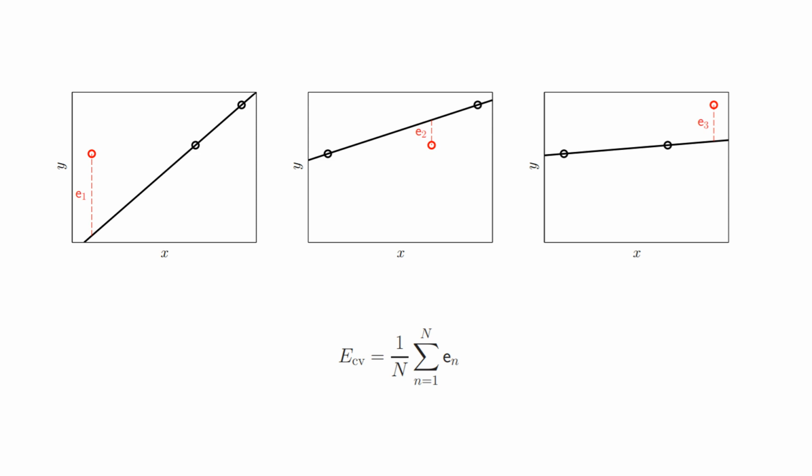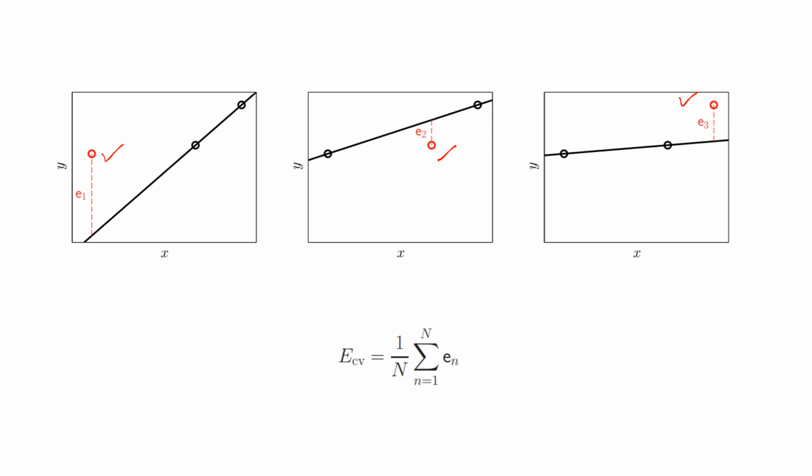With these 3 points, I left this one out in the first case, then this one, and then this one, and eventually we came up with the cross-validation error, which was the average of all of these errors. Intuitively speaking, with this idea of cross-validation, I'm really trying to include everything in my final estimate, because I'm leaving out one point and then calculating the error on the rest, and doing that for every point.